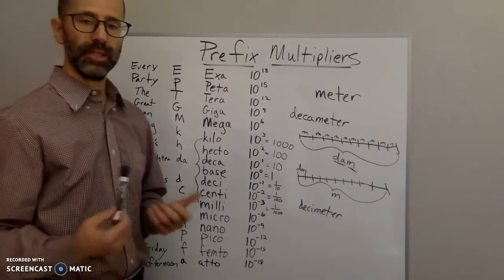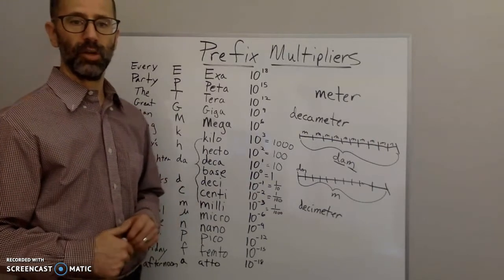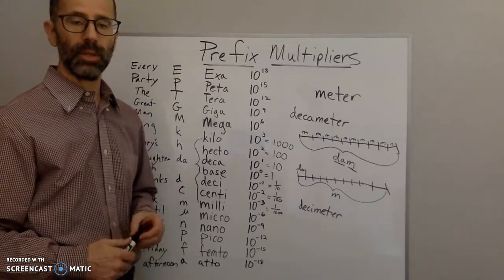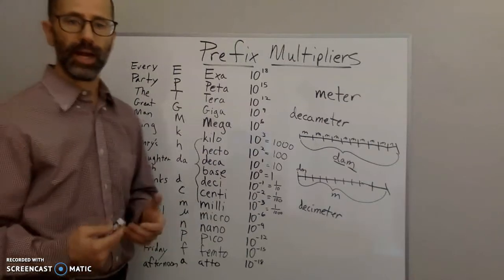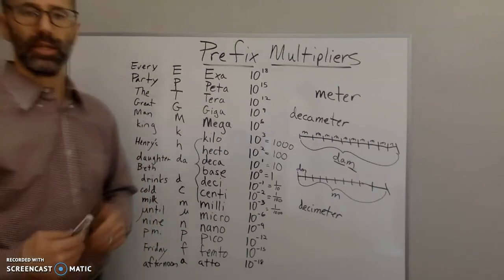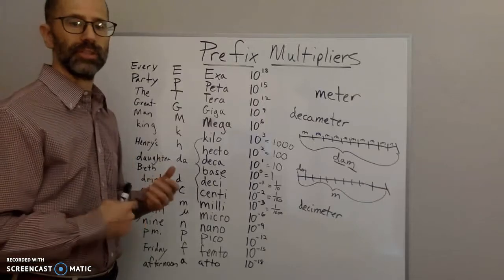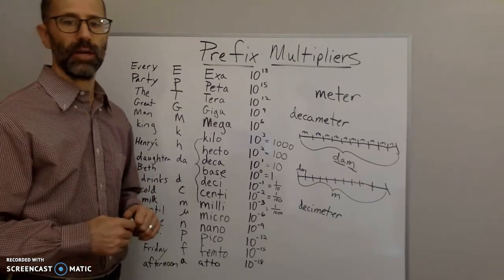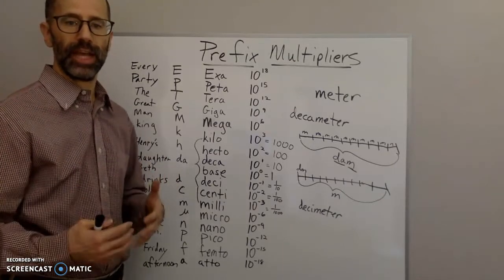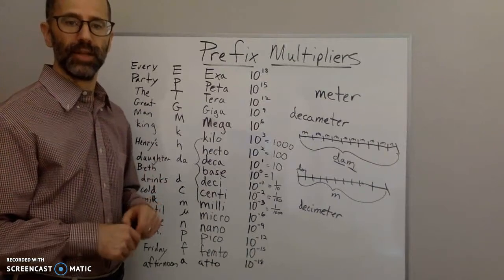In a previous lecture, I had gone over what the metric units are: grams, meters, things like that. So now we're going to talk about the prefixes that we add to those base units in order to change what the unit is.